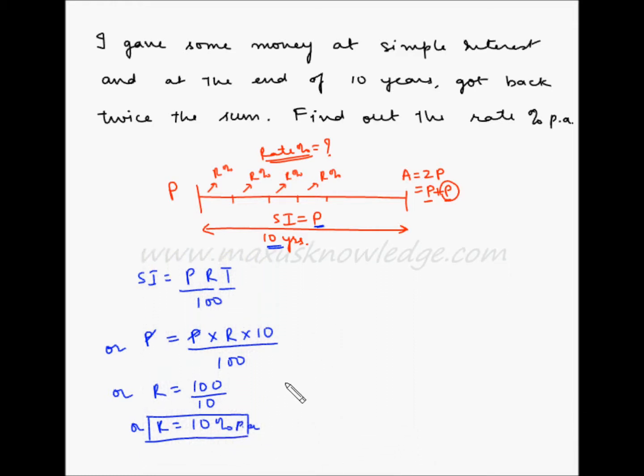Now let's look at it in a different way. Now the principal amount is P, and for each of the years you are getting R% interest. So the interest for each of the years is going to be R% of P. So this is each year.